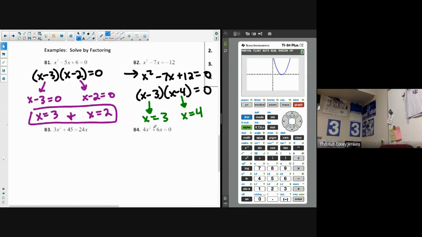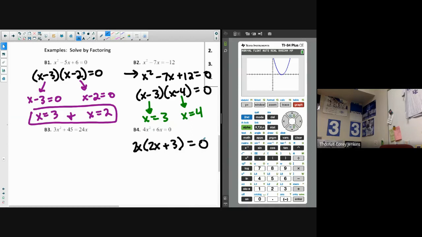All right, so looking at B4, B4 looks a little bit different. So what can I do first? I can factor out a GCF, right? So the GCF of these two terms is 2x. So let's see what happens when I factor out a 2x. That'd be 2x times the quantity 2x plus 3 equals 0.